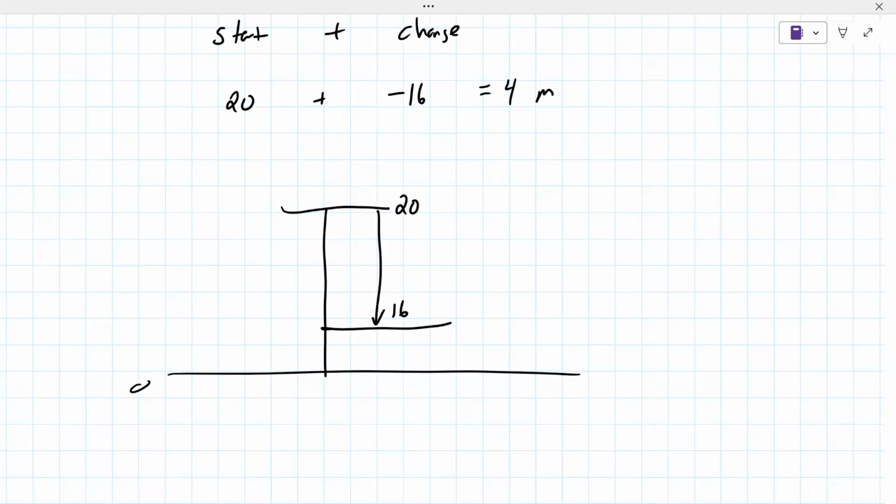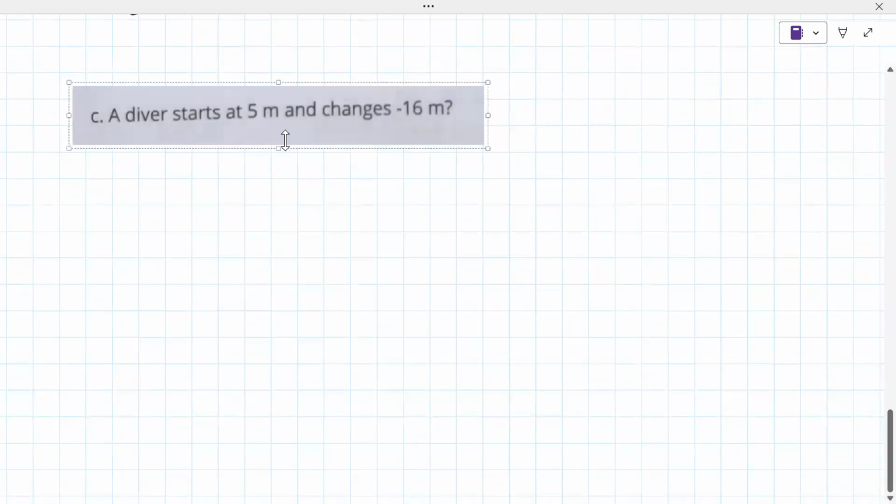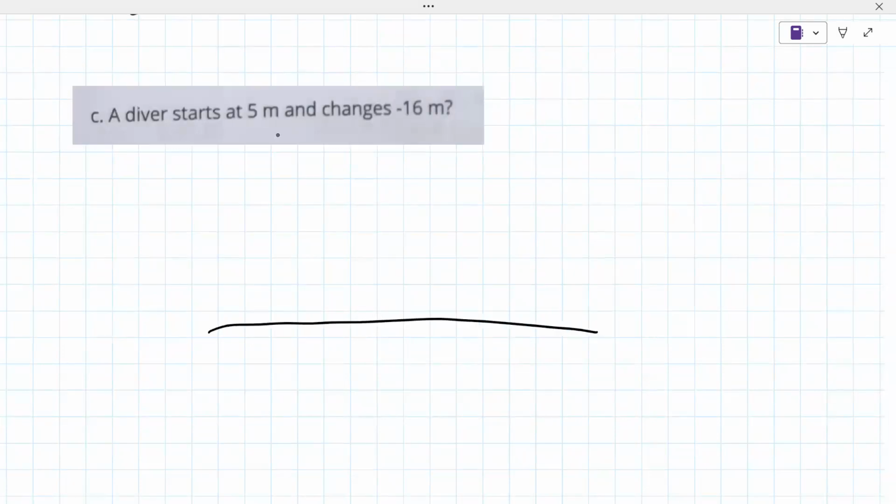So the next ones are also kind of odd because maybe if you haven't seen a scenario like this, a diver starts at 5 meters and changes minus 16. So this is 0. This is like ground level. Maybe this is water this time. They're 5 meters above the ground, but they're going down 16 meters. Where does that put them?